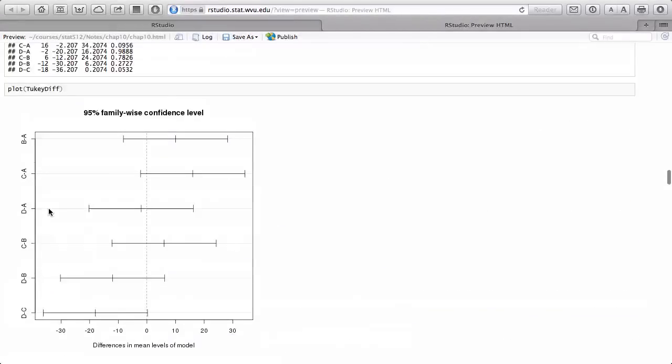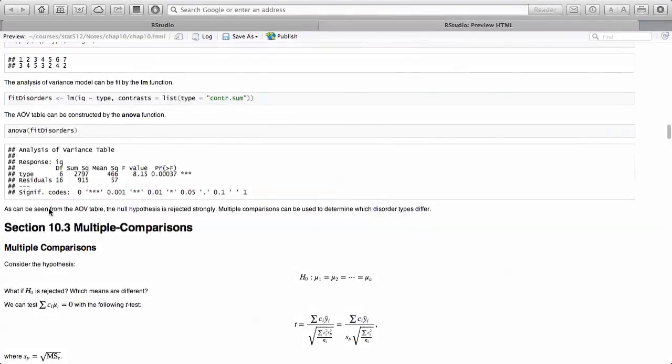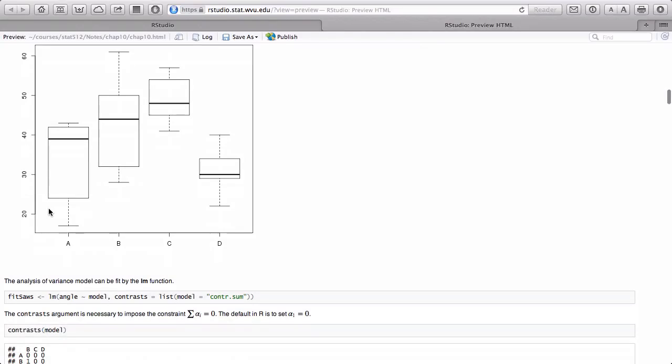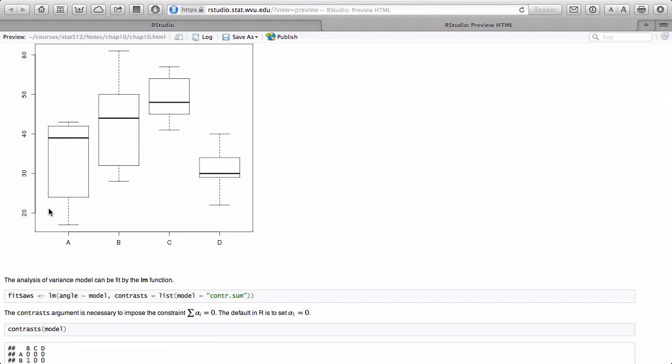Now you may recall from the graph that A and D are the home use, and they appear to have less kickback than the industrial ones, which are B and C. So is there a difference?